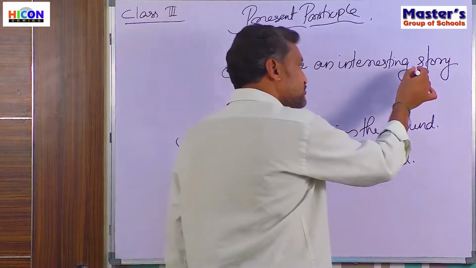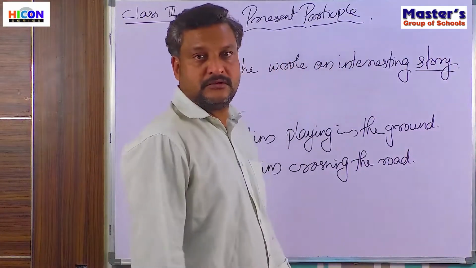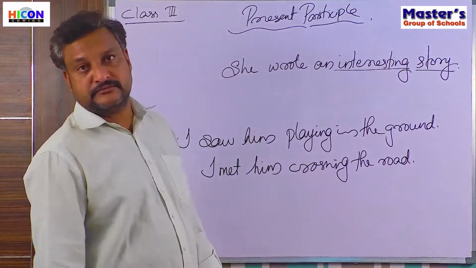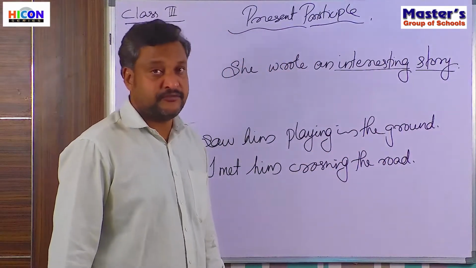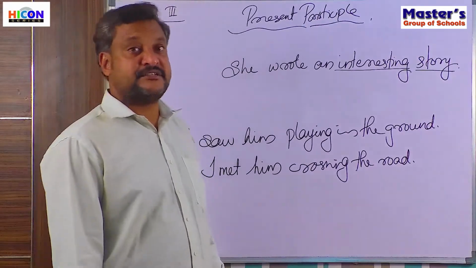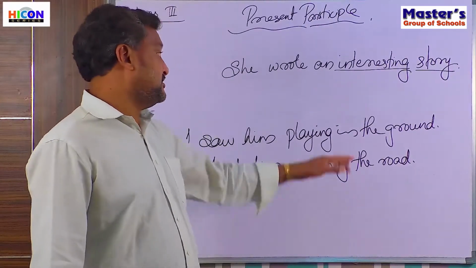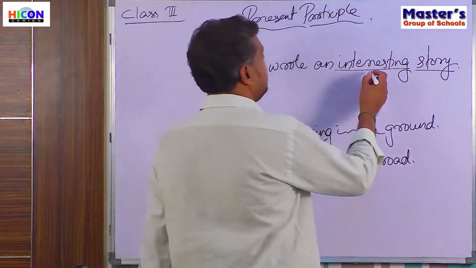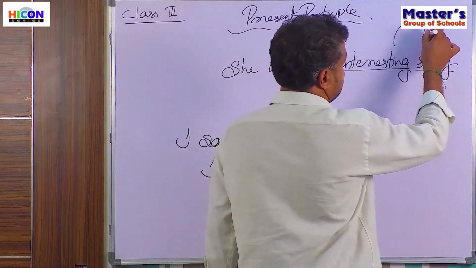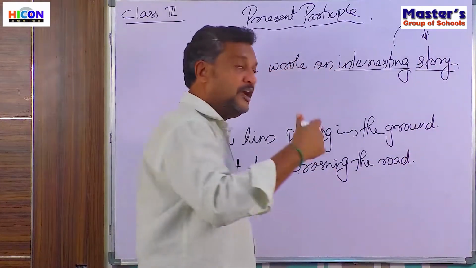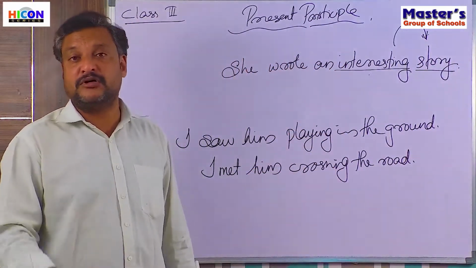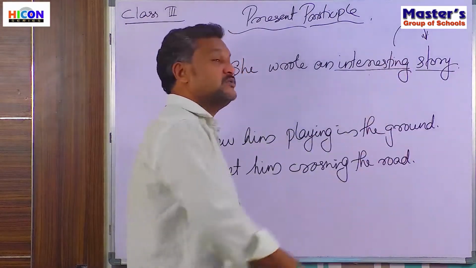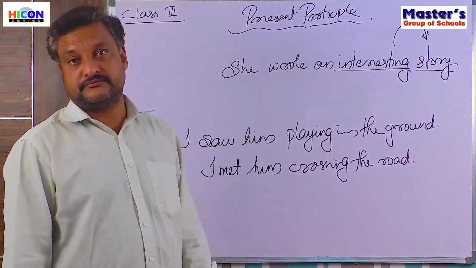So here, story is the noun, interesting is the ing form of the verb. Interest is a verb: interest, interested, interested. Present participle is the ing form, interesting. So here, interesting is a word that is used to say something about the noun story, isn't it? So here, interesting is used as an adjective.